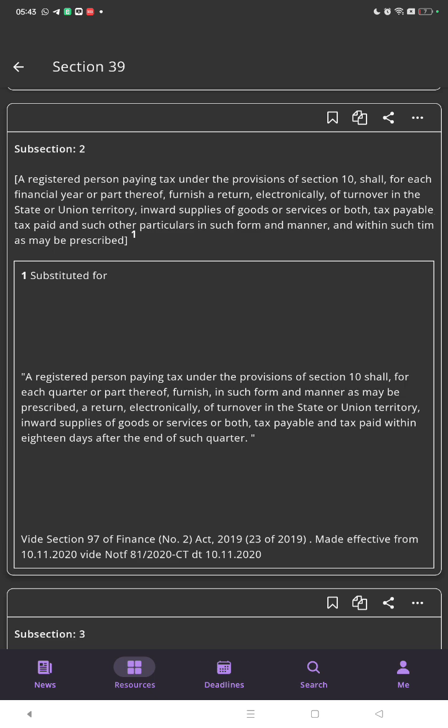for each financial year or part thereof furnish a return electronically of the turnover in the State or Union Territory, inward supplies of goods or services or both, the tax payable, tax paid and such other particulars in such form and manner and within such time as may be prescribed.